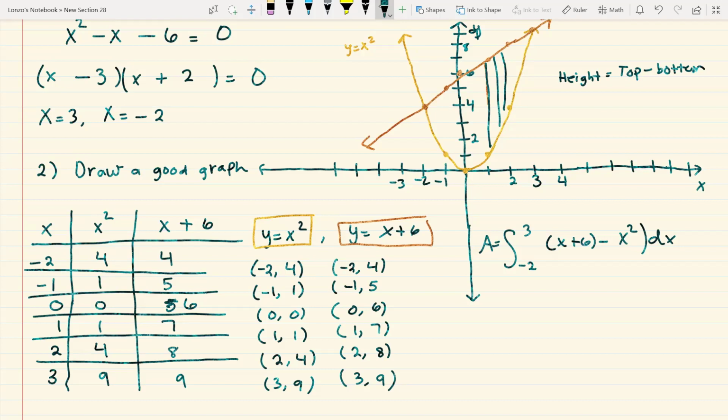So this is going to be the integral of x plus 6 minus x squared dx. Now how do we take the integral of this? You just take it term by term. The integral of x is 1/2 x squared. The integral of 6 is 6x. The integral of negative x squared is negative 1/3 x cubed.